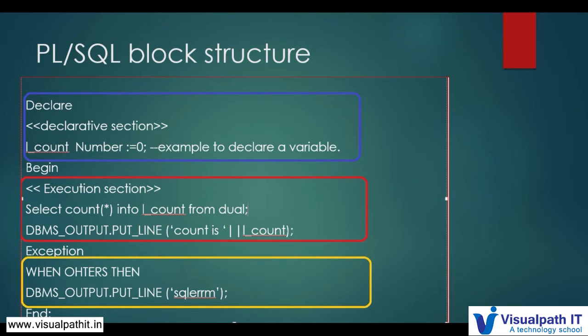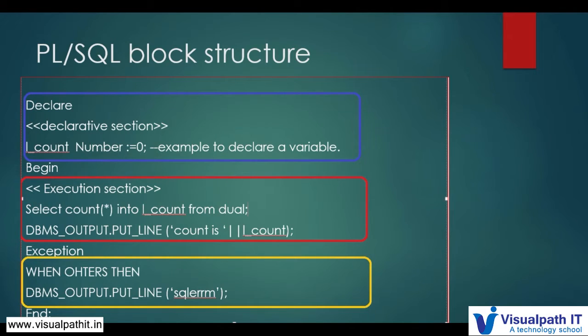As an example, I have declared this L_count number type variable, and I have also assigned that variable to 0. In this way I have declared my L_count variable.